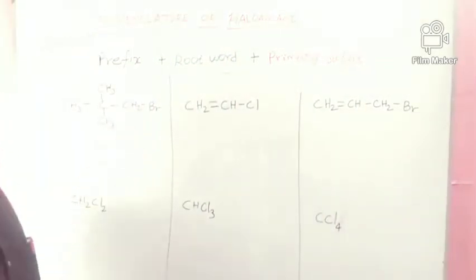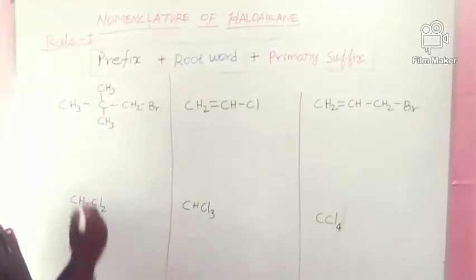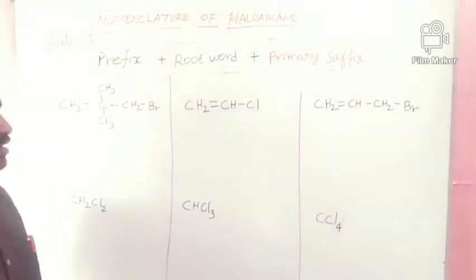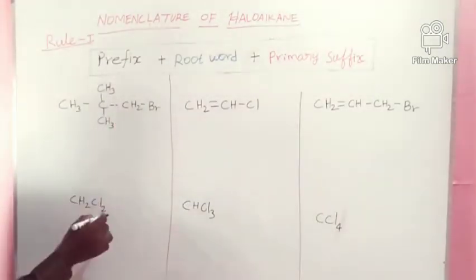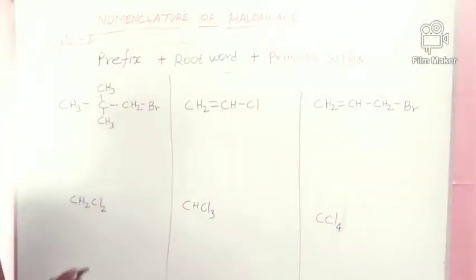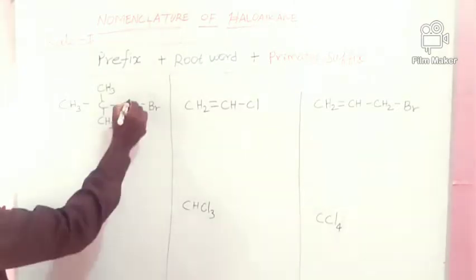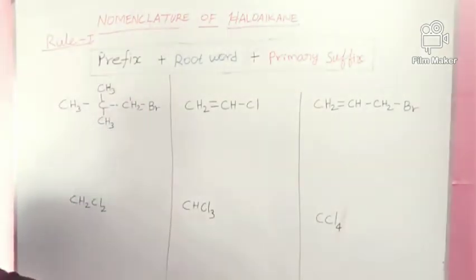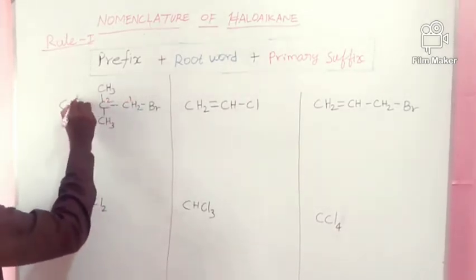Some compounds are already given. Now we are going to write the name of the compound, the IUPAC name and the common name. First I want to write the IUPAC name. The bromine is present. Always we have to give the number starting from the bromine. So 1, 2, 3.